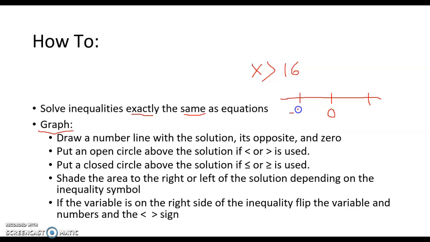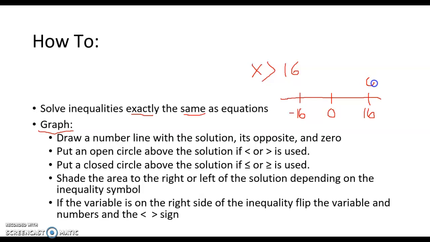But remember, we're supposed to have the value of 0. We're supposed to have our solution, which is 16. And we are supposed to have the opposite, which is going to be the negative value. If we were given a negative value, then the opposite would be the positive value. So in this case, I have x is greater than, so I am going to use an open dot.